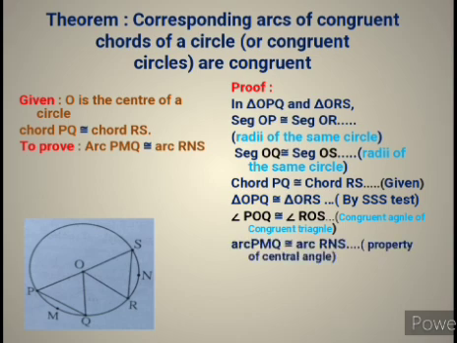Arc PMQ is congruent to arc RNS. Why? Property of a central angle, because we have proved that central angle POQ is equal to central angle ROS. Therefore, the arc formed by this central angle, PMQ, is congruent to arc RNS. You have to prove that.